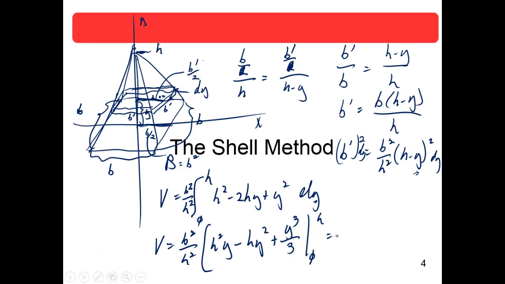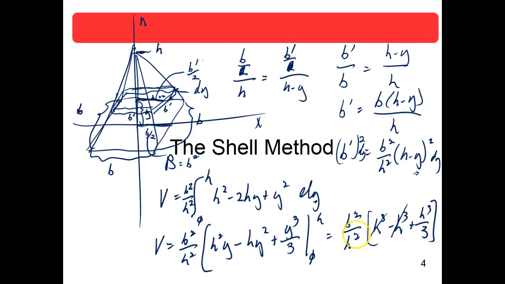Now I'll take care of the 0 part. Okay, it's done for. So you have b squared over h squared times, and just plug in h, and you have h cubed here, minus h cubed there. My goodness, I think I can figure out what that is. That's 0. And then you have plus h cubed over 3. Okay?